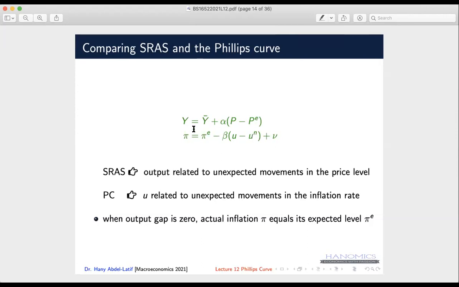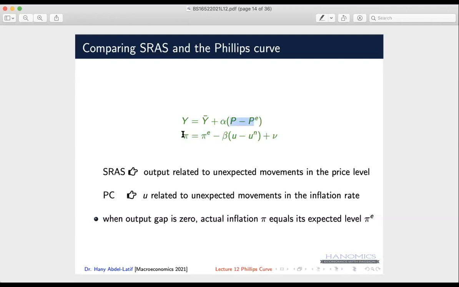In the short-run aggregate supply curve, the output level is related to unexpected inflation, or unexpected price changes. If you move this to the other side, it will give you something very similar to this one.